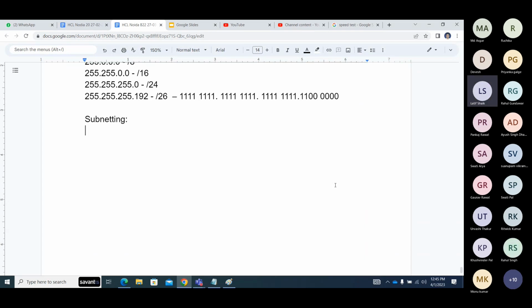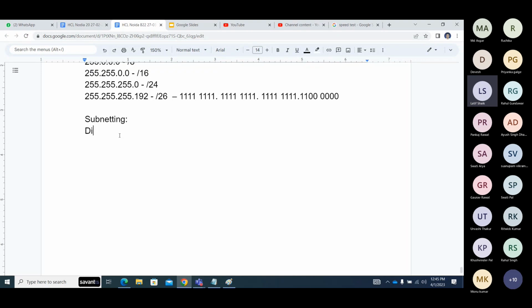So the concept is subnetting. If you see here, the subnet mask is different from the default subnet mask. Why should there be a different subnet mask? The concept is subnetting.